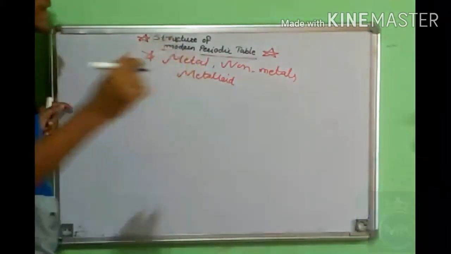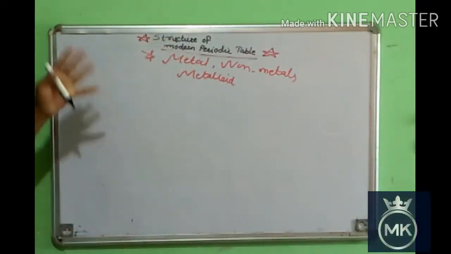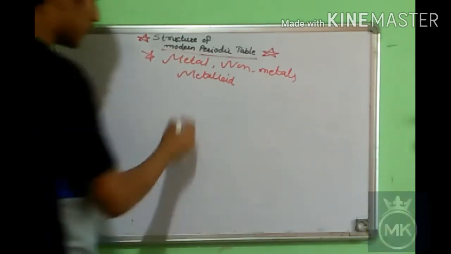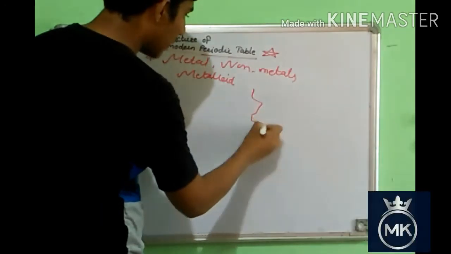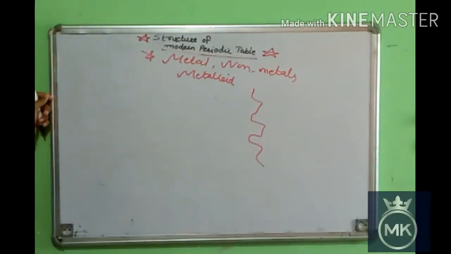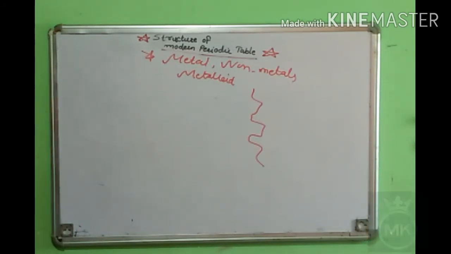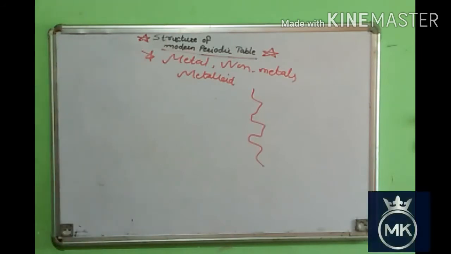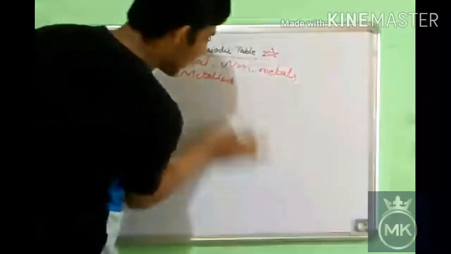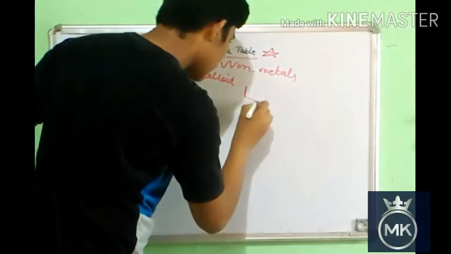This zigzag line is included in the P block. P block means the right side of the modern periodic table. The zigzag line is like this.